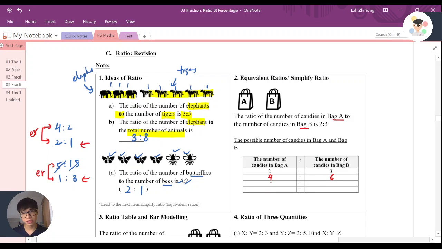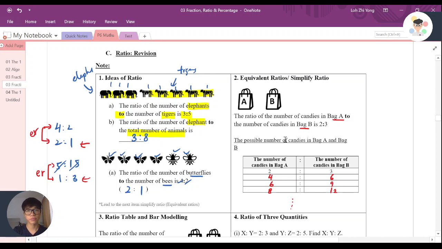It can also be 6 to 9. It may also be 8 to 12. Or it can go up to different ones. I'm just giving the possible numbers that we have here. So again, do not treat the ratio as the exact amount, not all the time.